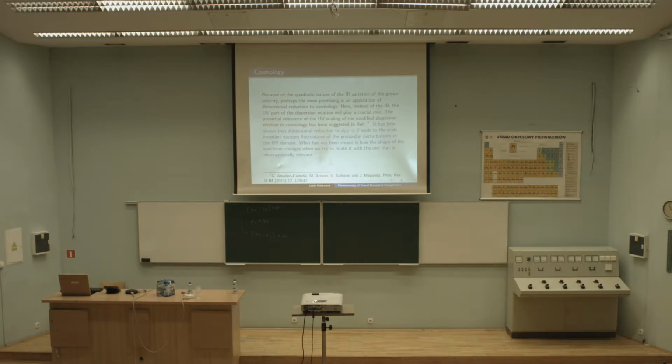And then there was a very interesting observation made in 2013 by Amelino-Camelia, Arzano, Gubitosi, and Magueijo, who observed that if you have dimensional reduction to 2, something you can get at some points in the CDT phase diagram, your vacuum normalized power spectra in the UV limit will be scale invariant.